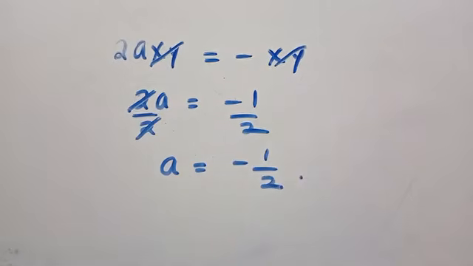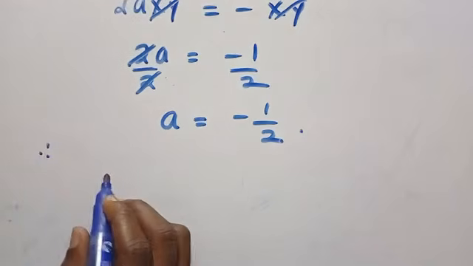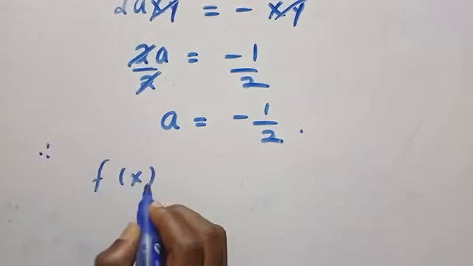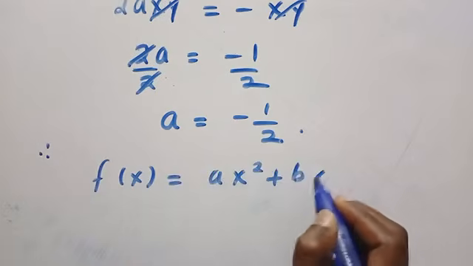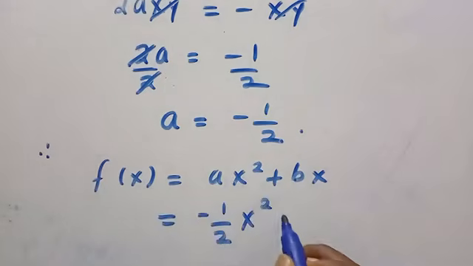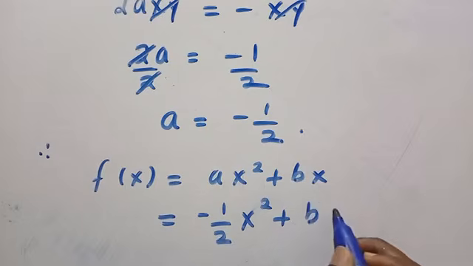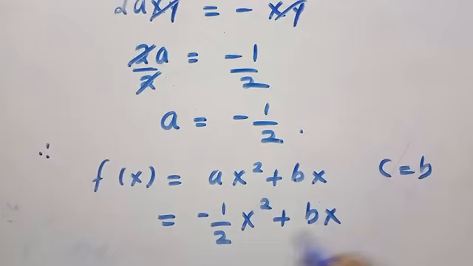If a equals minus 1 over 2, this implies that our f of x, which was ax squared plus bx before, with a changed to minus 1 over 2, is minus 1 over 2 x squared plus bx. Suppose I replace b with c.